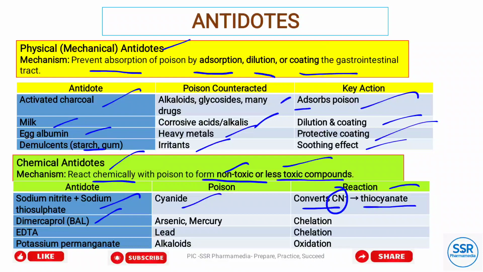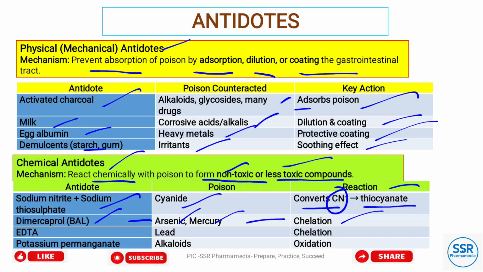Dimercaprol counteracts arsenic and mercury poison, removing them by chelation. That means dimercaprol forms a complex with these ions. So that is called chelation.